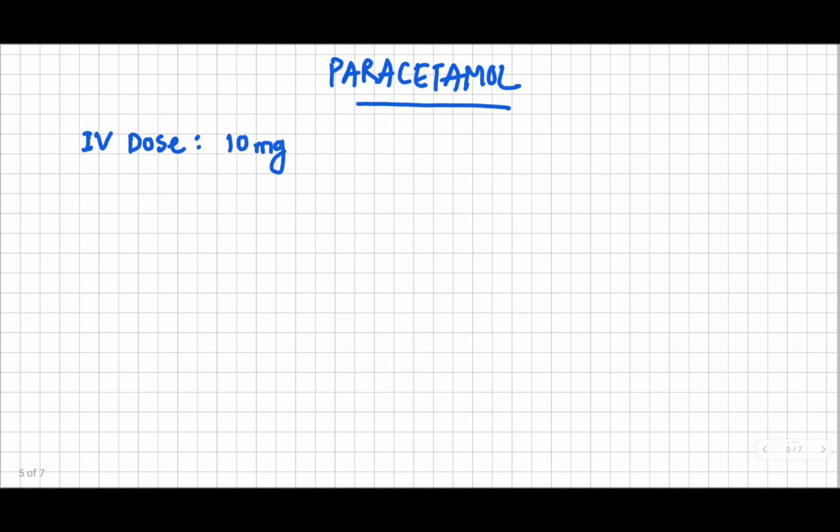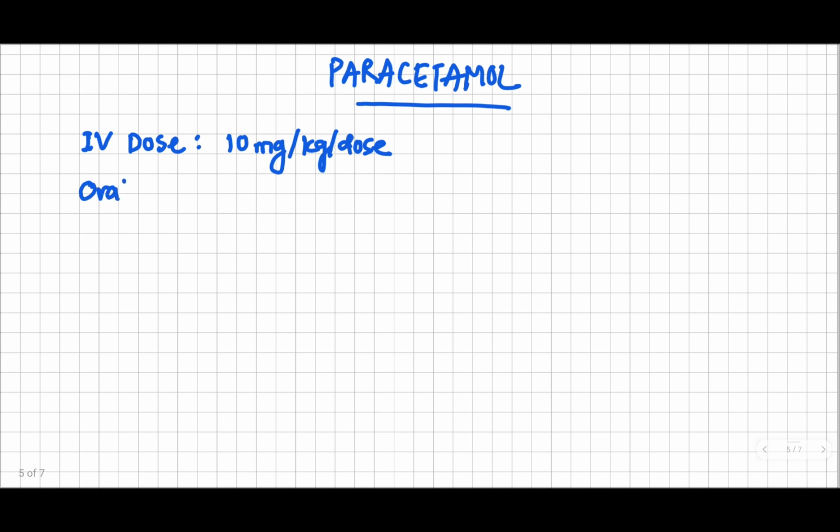So paracetamol, if we see the IV dose, it is 10 mg per kg per dose.